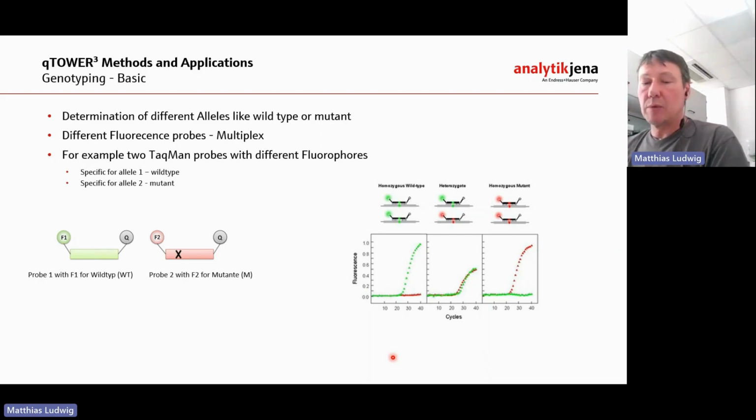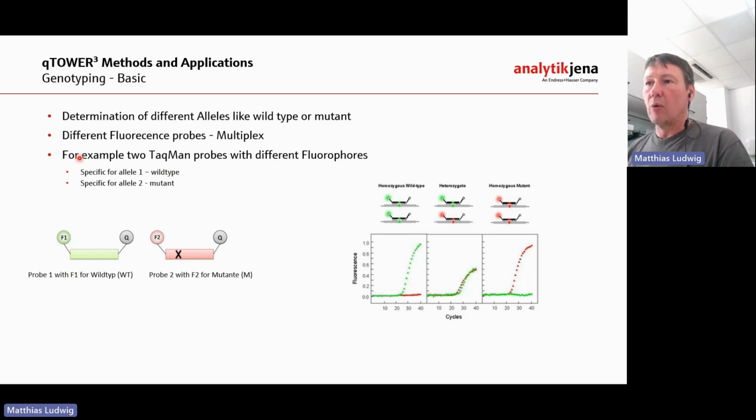For other methods it would also be possible to use singleplex, for quantification and for the delta CT method. But for genotyping, you need a multiplex, minimum a duplex for the two different subtypes. That means you work with different fluorophores.